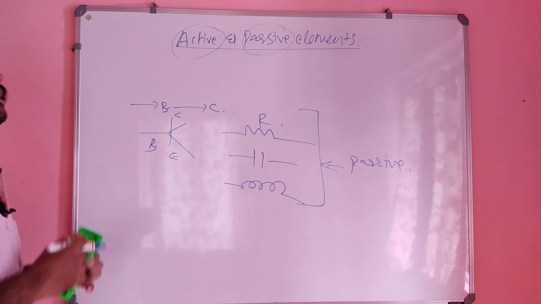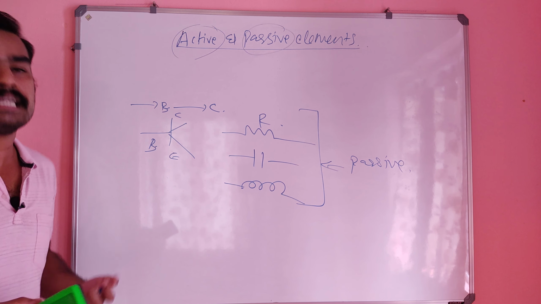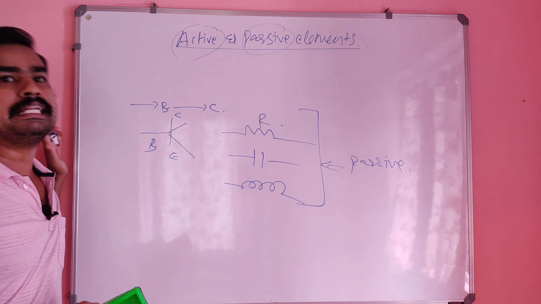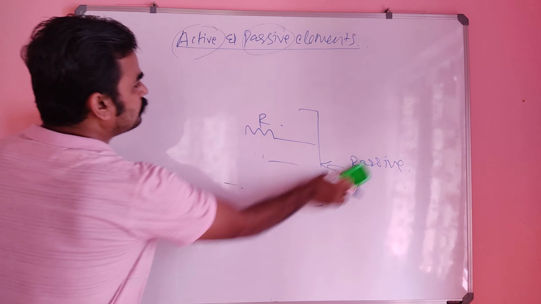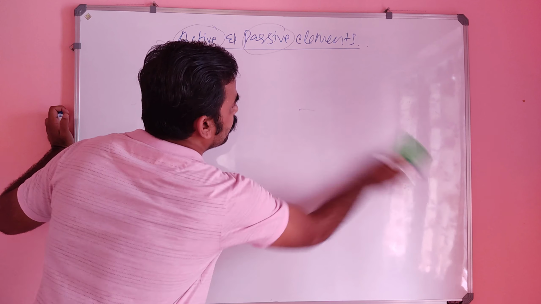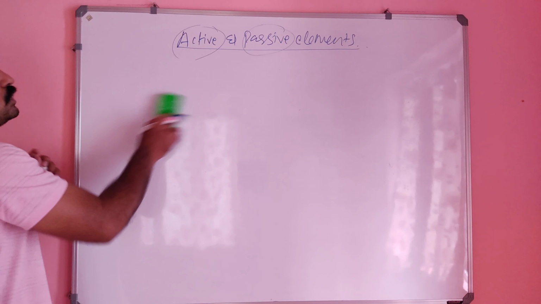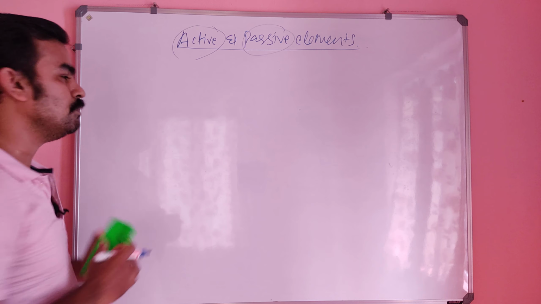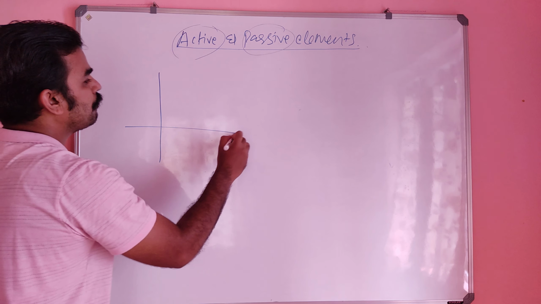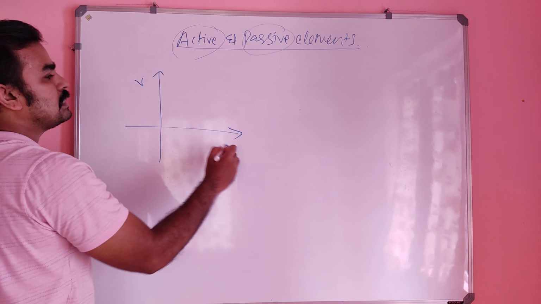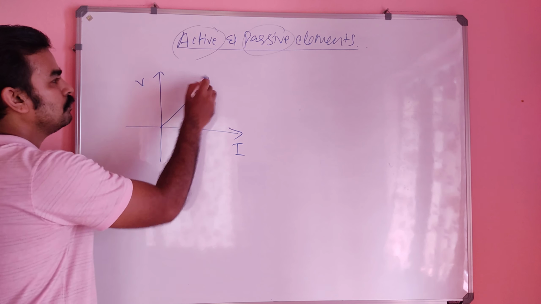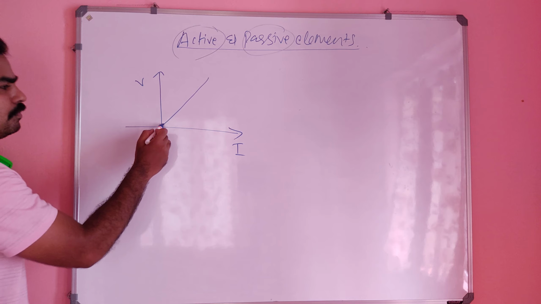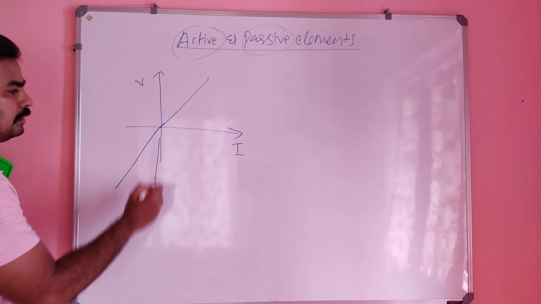And by observing the graph between voltage and current, how can we identify whether it is passive or active? Let's see. By observing the graph, we can say whether it is active or passive. Suppose this is the voltage and current relationship for a resistor. Suppose the graph is like this.